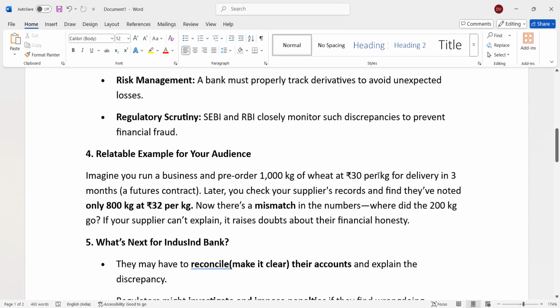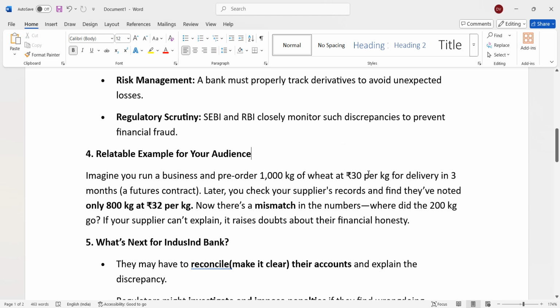You have strong conviction, based on your experience, that in the near future, in 3 months, it is going to go to 40 rupees. So in a futures contract, you are purchasing at 30 rupees per kg. You are locking this amount. Even if it goes up, you are going to pay only 30 rupees. Even if it goes up to 50 rupees per kg of wheat, you are going to pay 30 rupees.